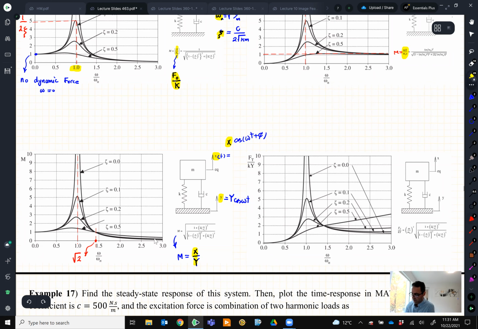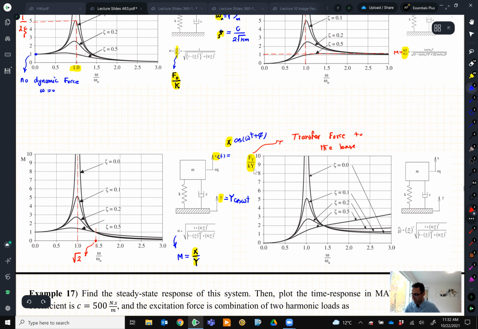And speaking of base motion, again, I draw it over here on the right end in this corner. We are also interested to know how much force is transferred to the base. We call this the transfer force to the base. And somehow the formula turned out, because we want to make it without units, to be divided by kY.